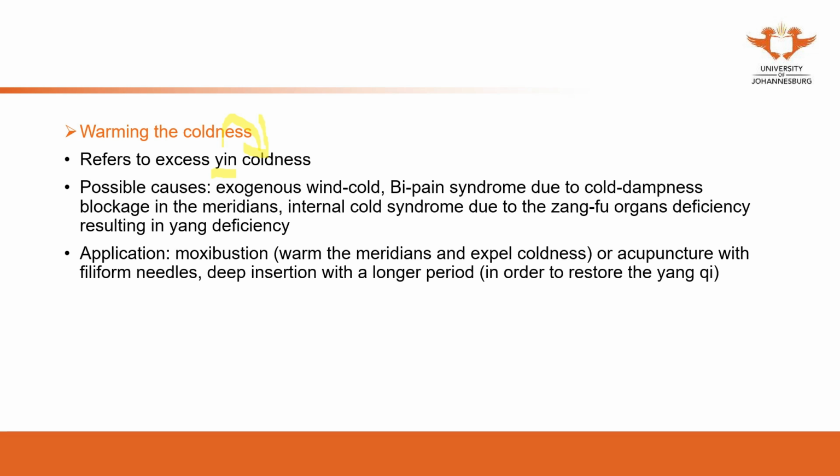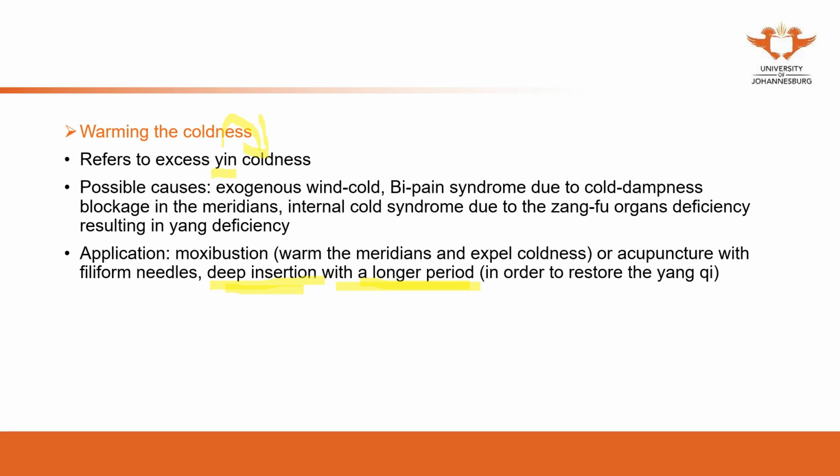When you see the principles for warming coldness, you see deep insertion with a longer period. This is very similar to the previous slides, when heat develops internally. We still use deep insertion with longer periods. We may use the cooling the sky comprehensive manipulation technique to reduce the heat.